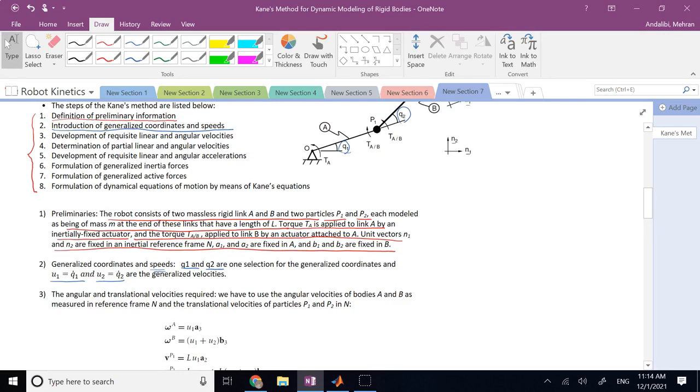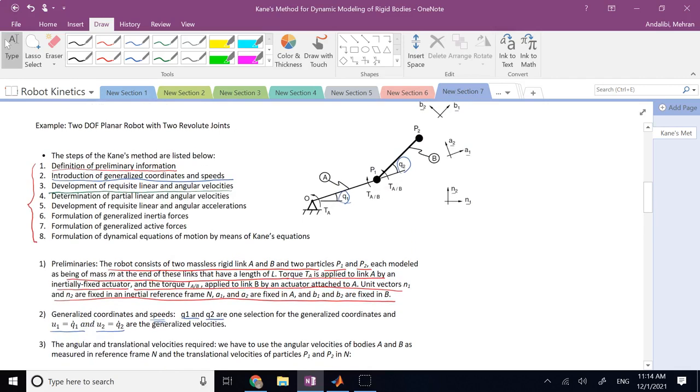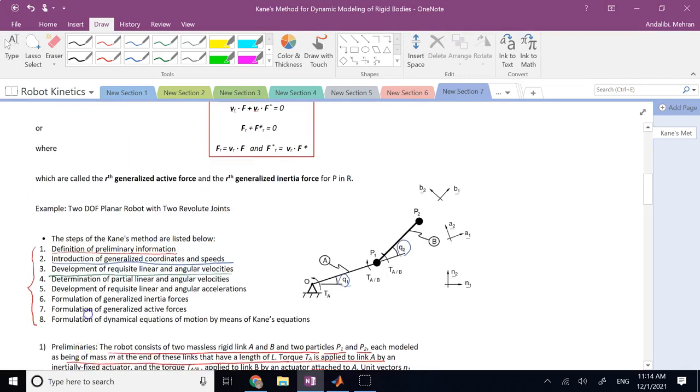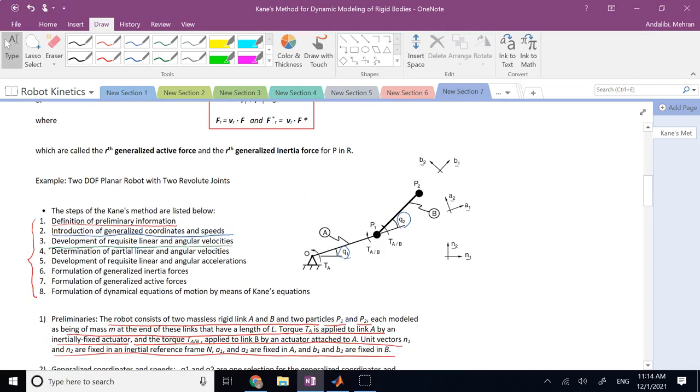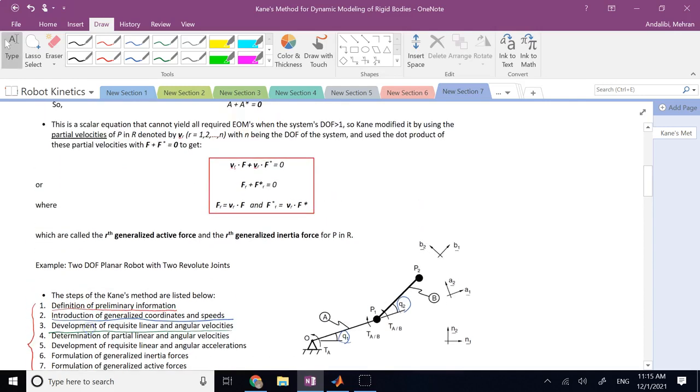Now, step number 3 is to develop the requisite linear and angular velocities. If we want to include the work or the power, as we described earlier, done by anything in the system, including external forces, external torques, what kind of linear and angular velocities do we need to include?